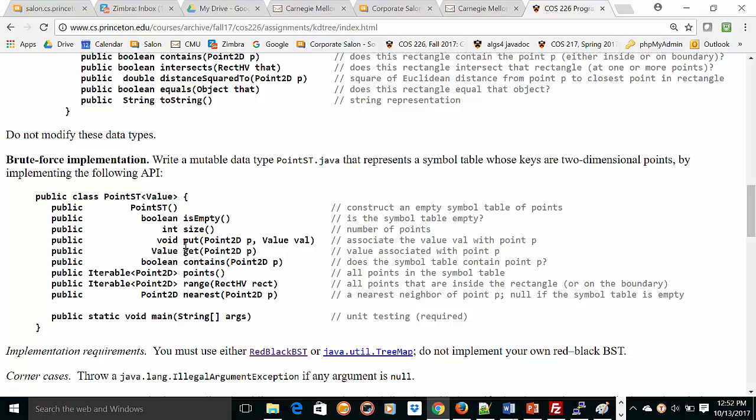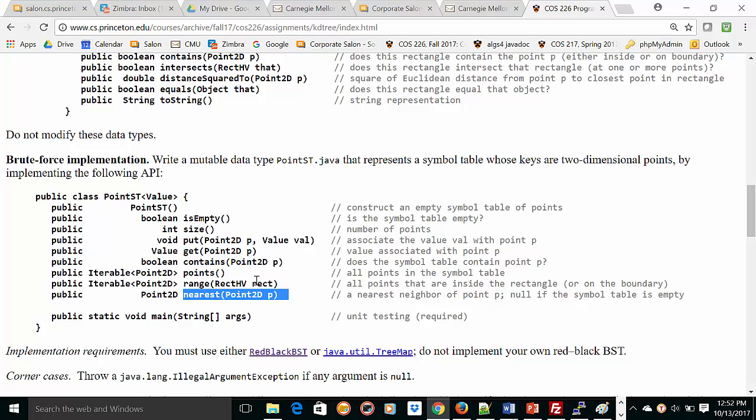How do you put something into a symbol table? How do you get something from a symbol table? How do you check whether something is in the symbol table? How do you get all the points or keys in the symbol table? How do you find the range of points in the symbol table which fall into a given rectangle? Or how do you find the points in the symbol table that are closest to a given point P?